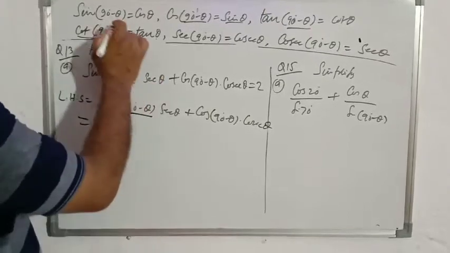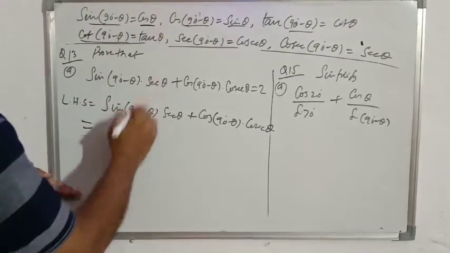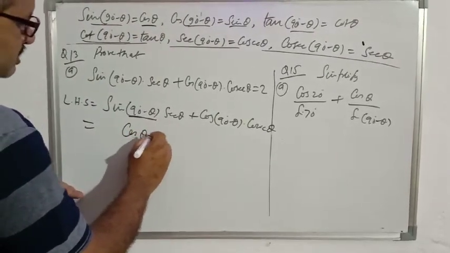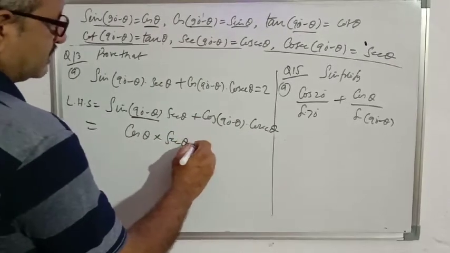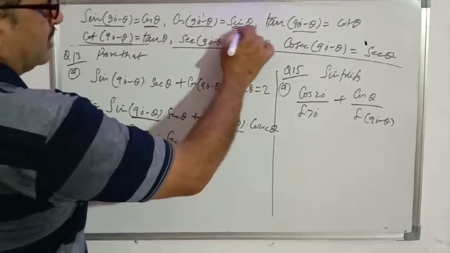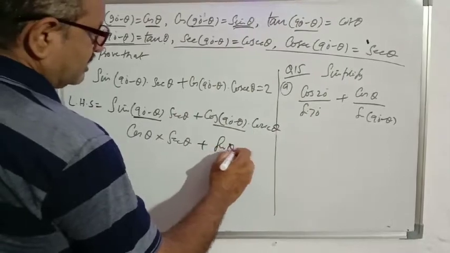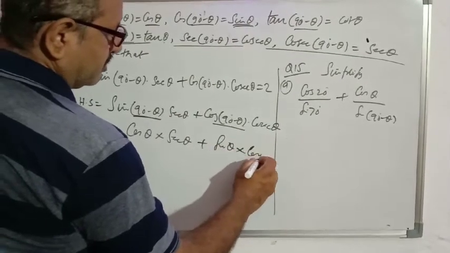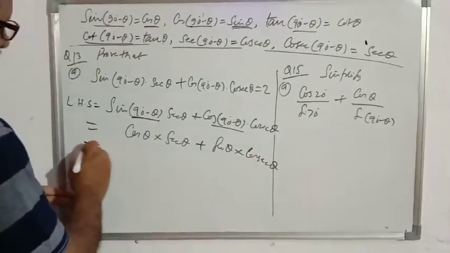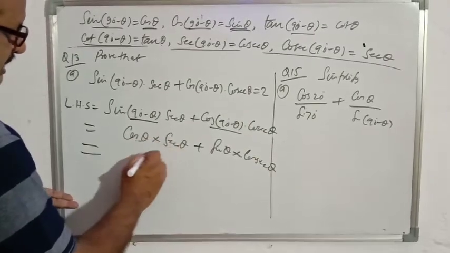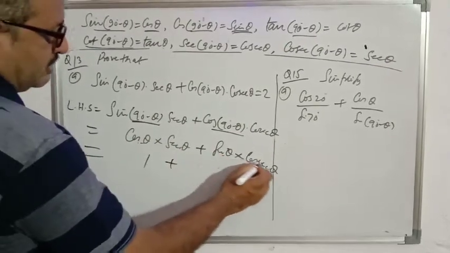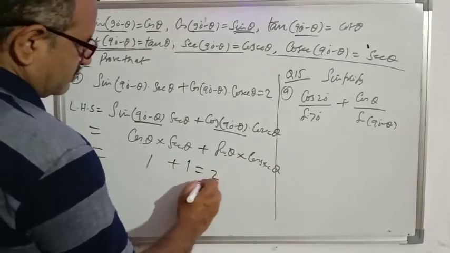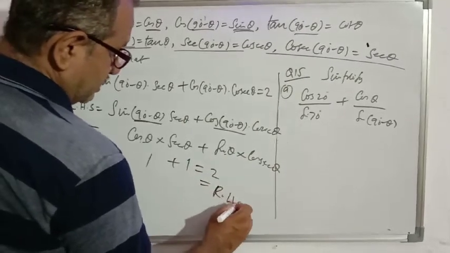Sin 90 minus theta, see the formula, is cos theta. So we will write cos theta into sec theta, and cos 90 minus theta is sin theta into cosec theta. We know that product of cos and sec is 1, and sin into cosec is also 1. So 1 plus 1, 2, RHS.